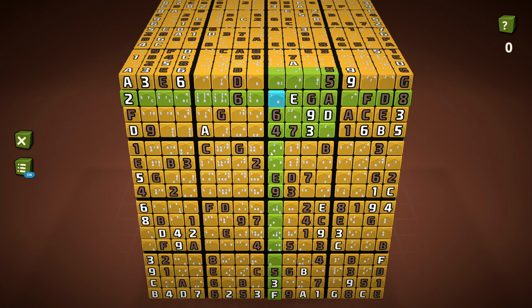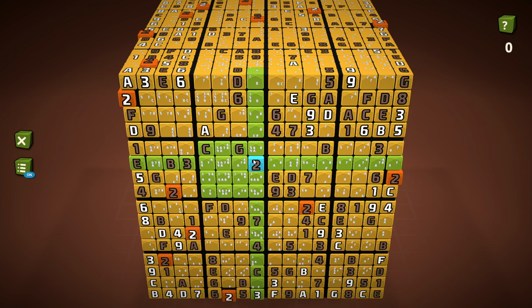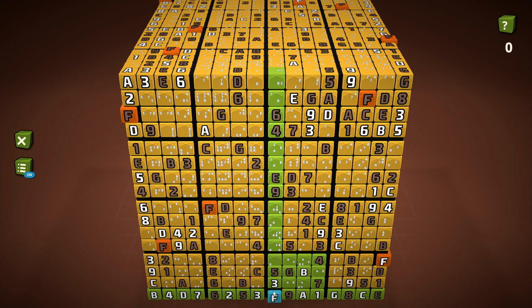Well, here's the thing. If we assume that the F at the very bottom, in the bottom left of that one there, is true, then it can't be the one on the top, because it would force that third square again to have no... Okay, you know what?